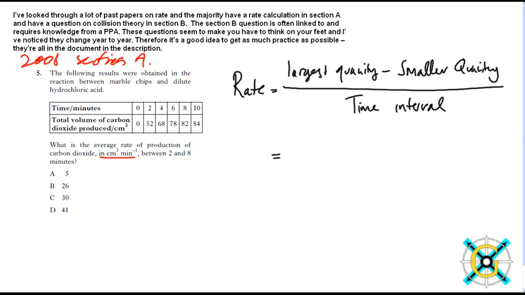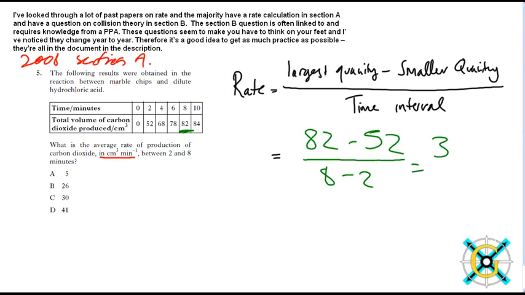So the largest quantity is 82, so 82 minus smaller 52 divided by the time interval, which is 8 minus 2, so we have 30 divided by 6, so the answer is 5 cm^3 min^-1.